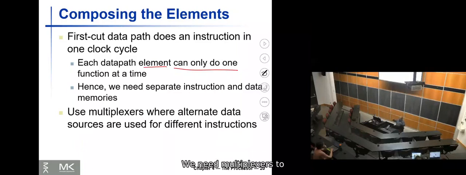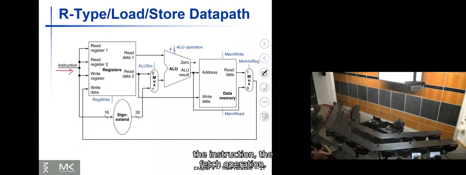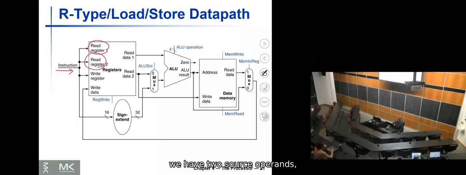We need multiplexers to direct different data to different locations. And this, again, is the R-type or load-store data path. It's not complete yet, but more complete compared to before. So the instruction comes from the fetch operation, and if it is R format, arithmetic, we have two source operands.